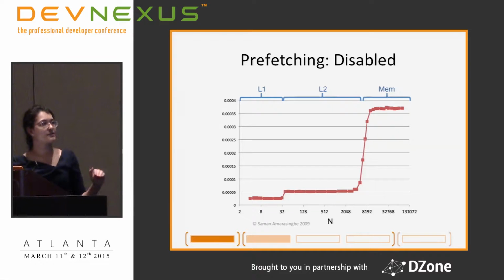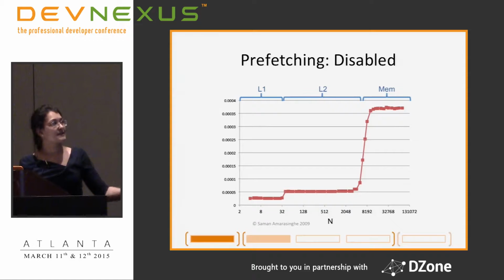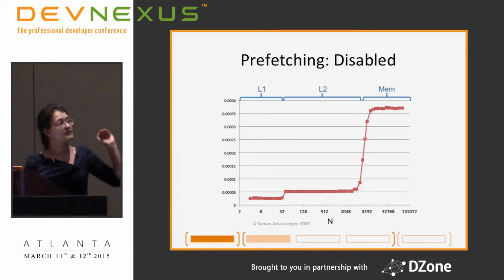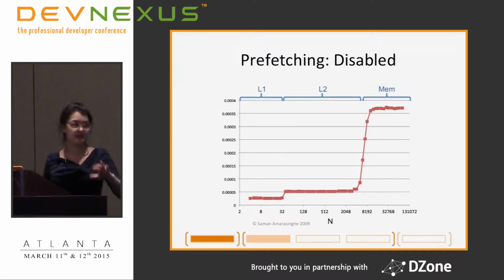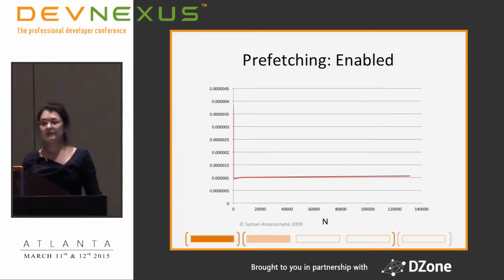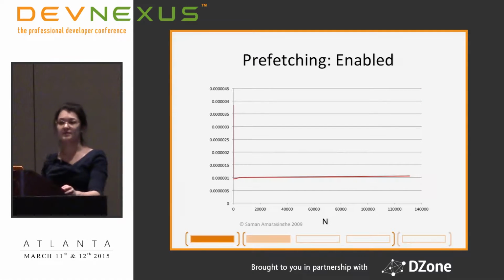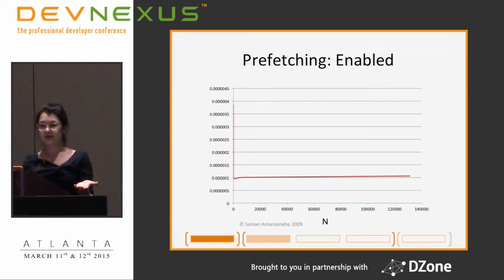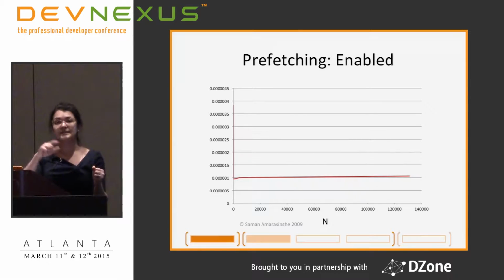On the x-axis, you see n, the number of elements in the array, and the y-axis is the latency. The lower, the better. You see very distinct 3 steps where access time is governed by which cache level you're accessing. Now on later, more modern processors where hardware prefetching is available or you can enable it, you will see that no matter what the size of the array is, the access time will be the same.